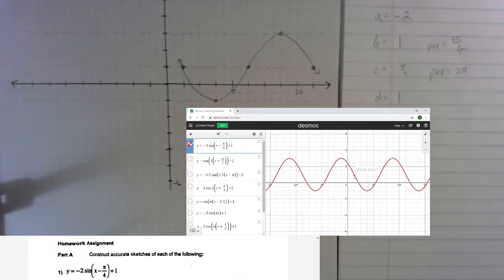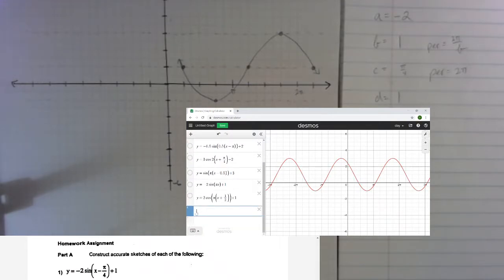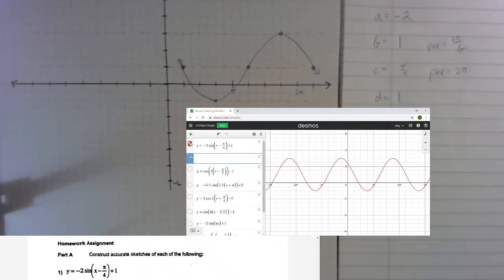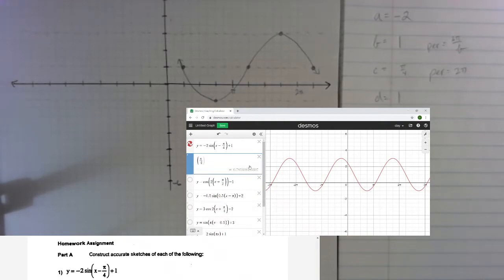Where are you, 1? If I'm not sure if I've hit the point properly, what I can do is actually type in points. So let me type in a point and make sure that I've hit the point exactly. So pi by 4, comma 1. There we go.